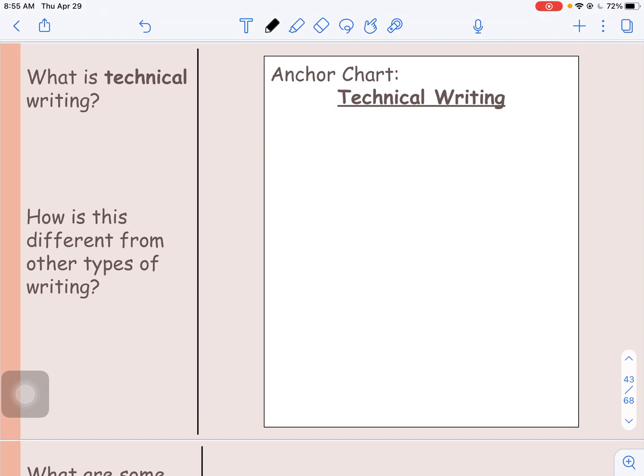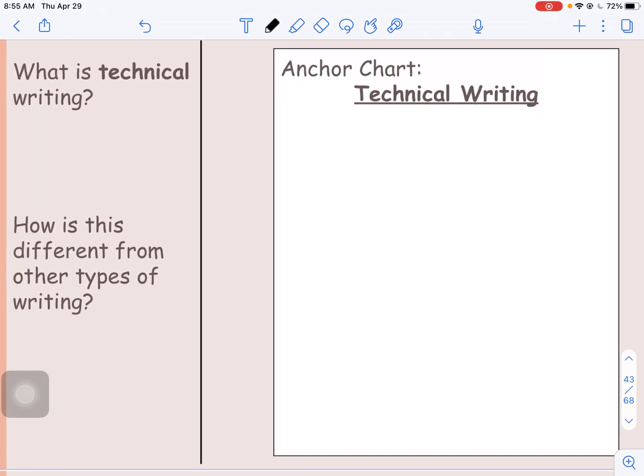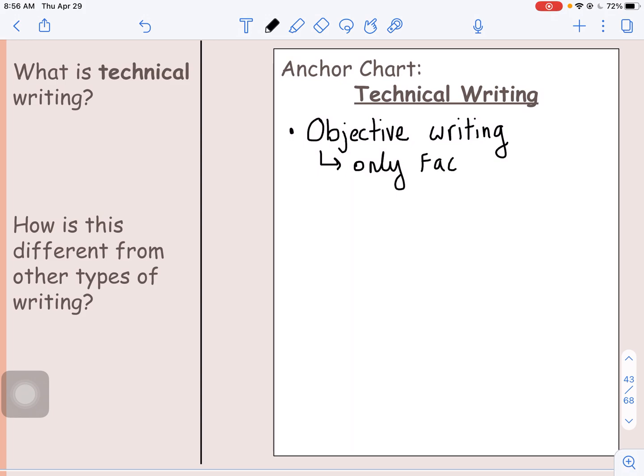Okay. So what is technical writing and how is it different from other types of writing? Technical writing is when you write from a very objective view. It's a very objective writing style. Objective is when you write with only facts.